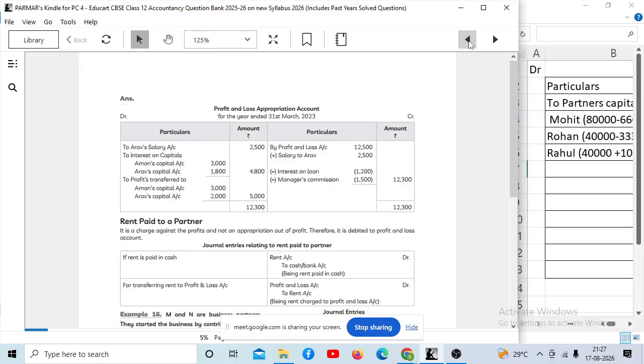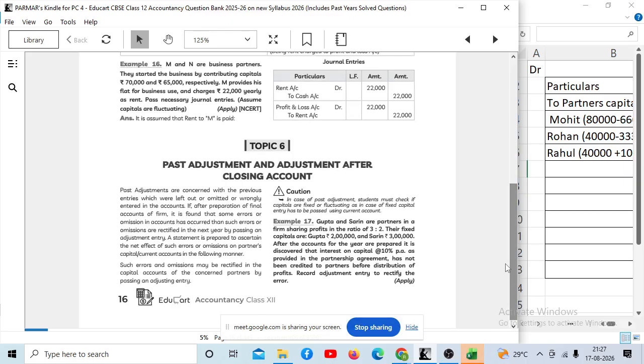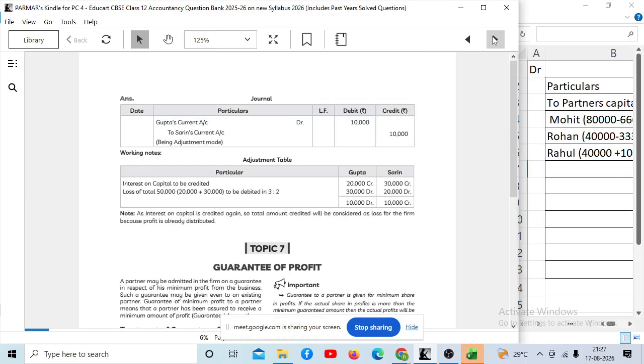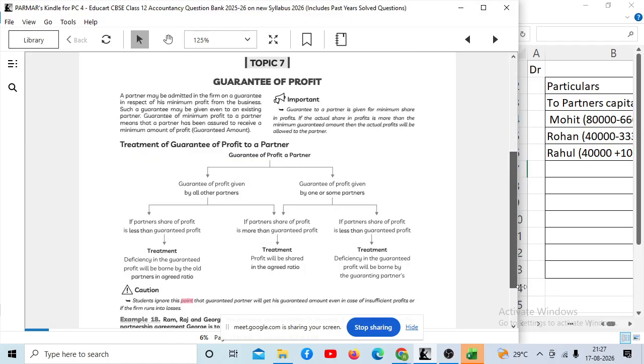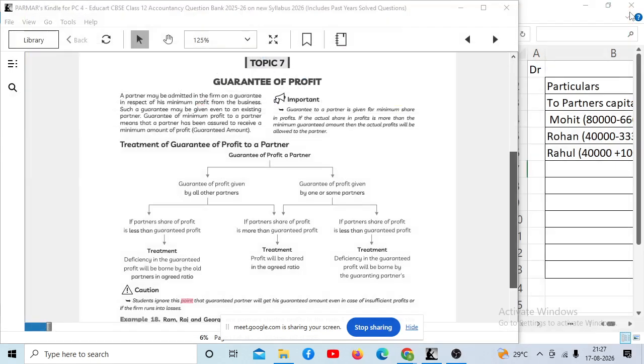One minute. Gupta and Sarin was 17. Guarantee of profit. Ram, Raj and George. It should be 18th now. This is 19. First we have to solve 18.